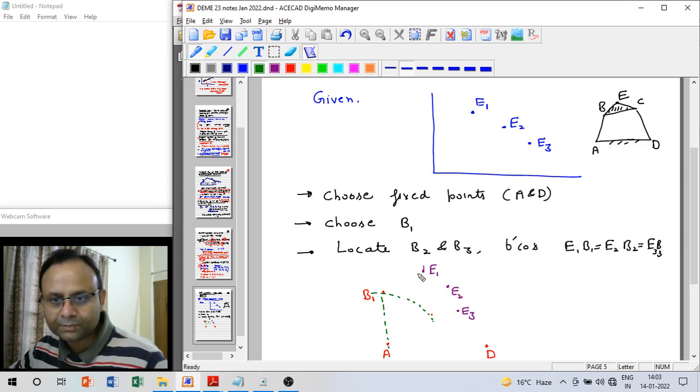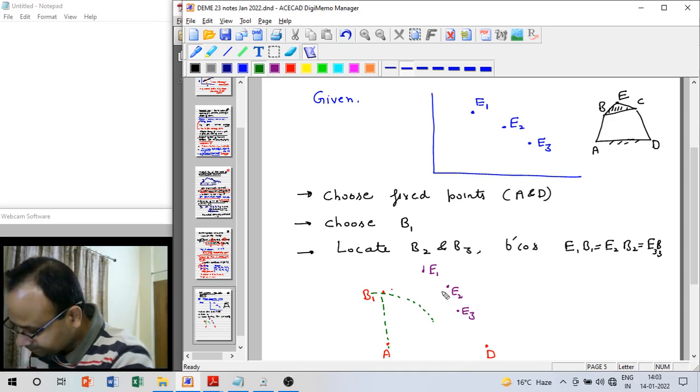So you got B1, E1. You have this distance. And E2B2 will be same. So from E2, you take the same distance with compass and cut. So maybe you get B2 here. E3B3, same thing. So B3 will be here.